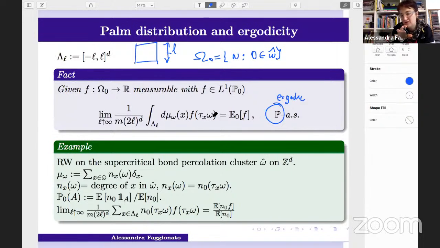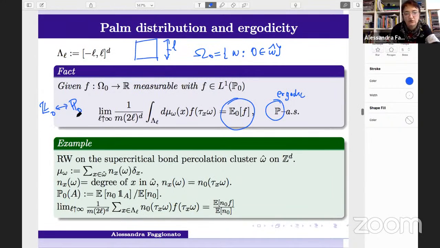So f is unobservable, but you are focusing f around x. This is the expectation of f with respect to the Palm distribution, so E0 is the expectation associated to the Palm distribution.